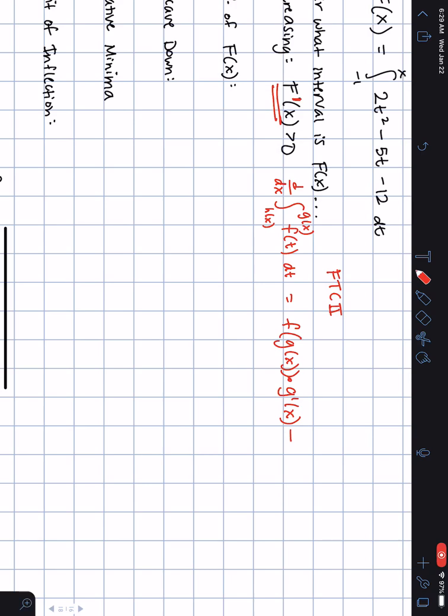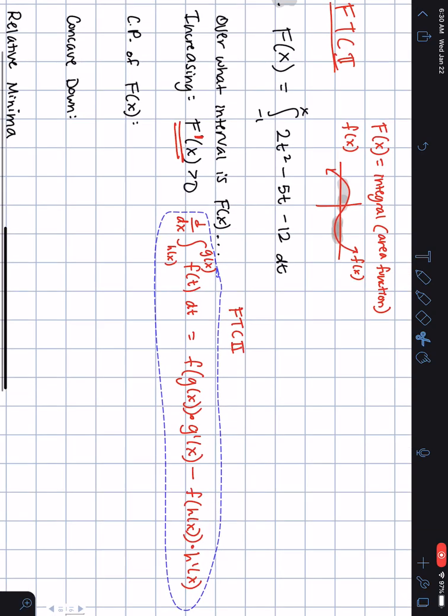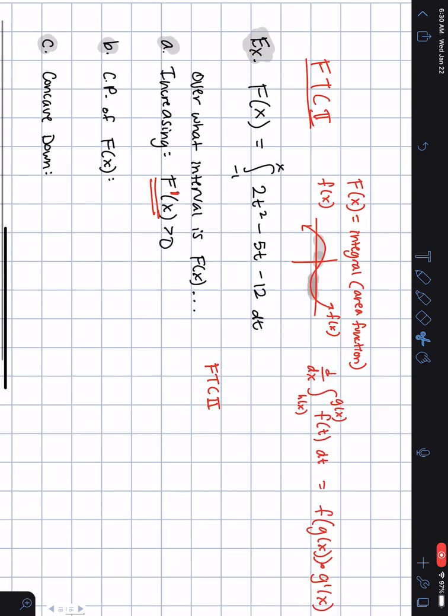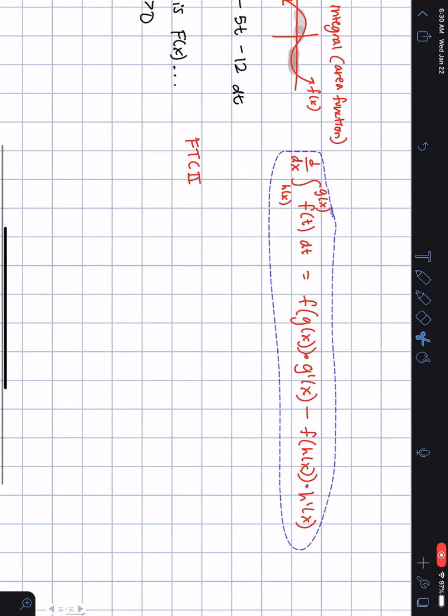Minus, then you'll plug in the lower limit, so it'll be f of the whole function, h of x, times the derivative of h of x. So put this in a box, super important. That's the definition of FTC II.